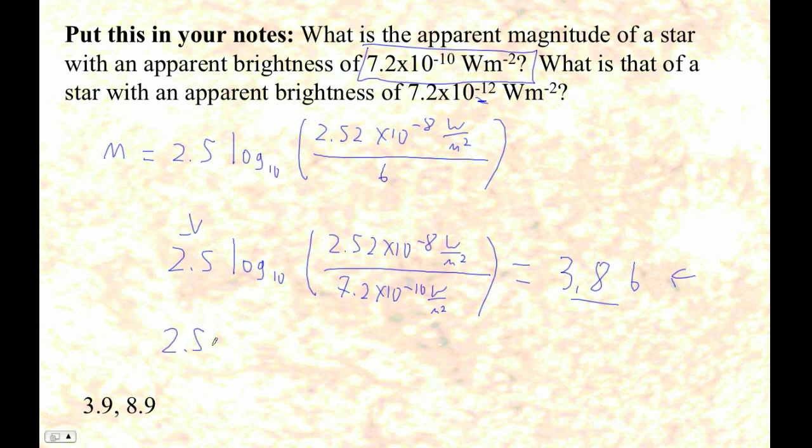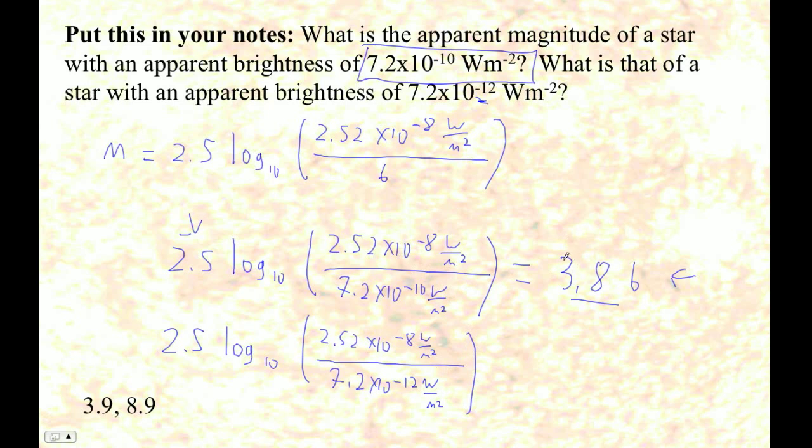That's 2.5 log 10 of 2.52 times 10 to the minus 8th, divided by 7.2 times 10 to the minus 12th watts per square meter. Now we made a prediction of this, right? This star here is 100 times fainter than this star, so it should be 5 more than this.